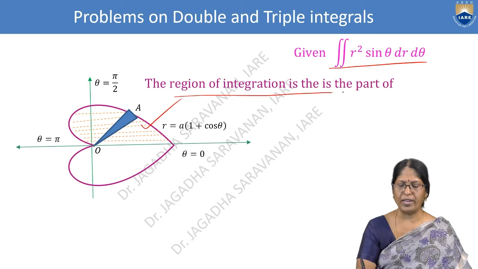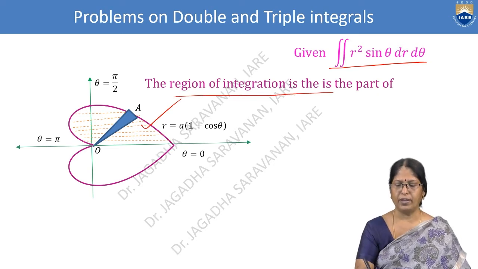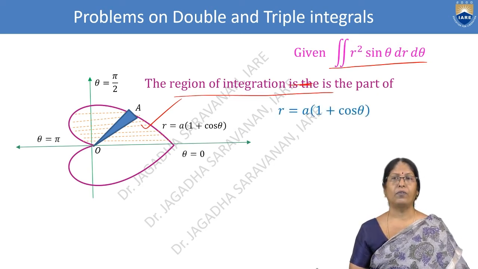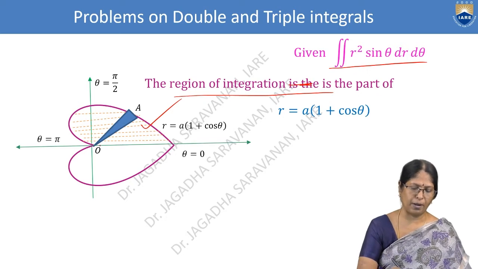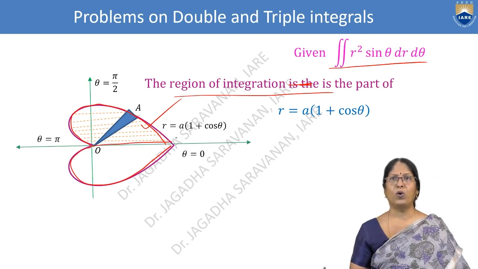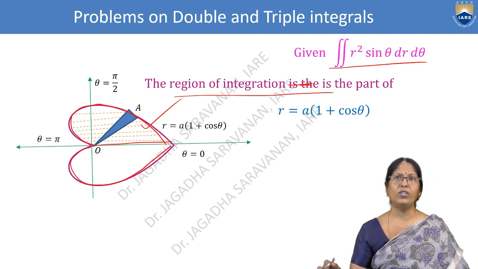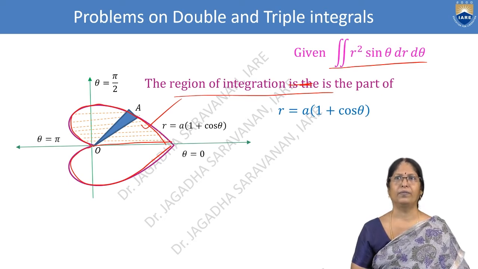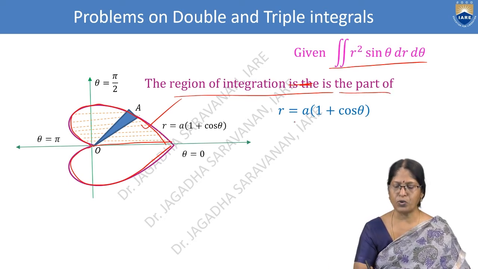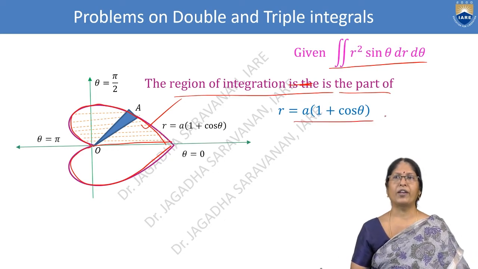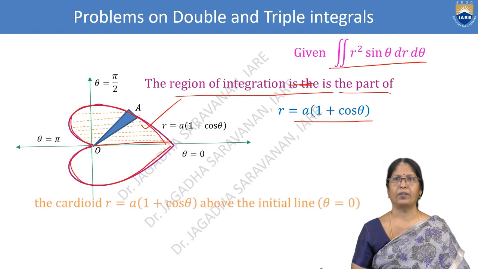The region of integration is the part of the curve, because the curve is complete but we wanted only this part, since in the question only above the initial line is given to calculate. So it is a part of this curve, r equal to a of 1 plus cos theta.